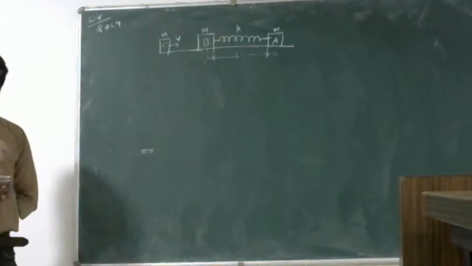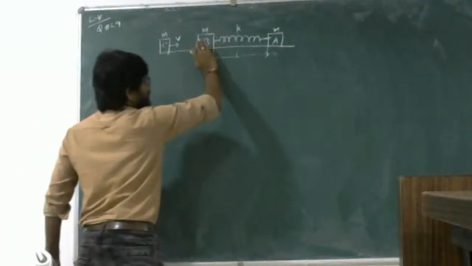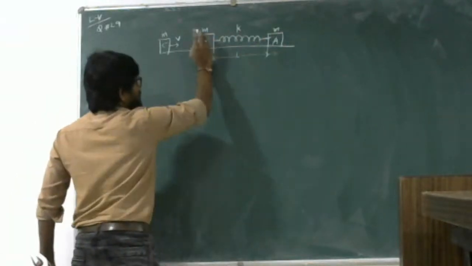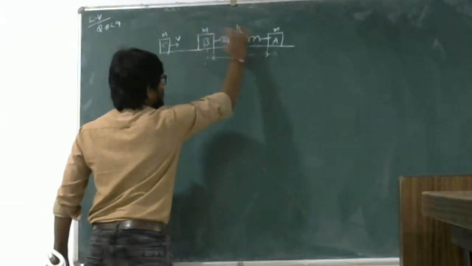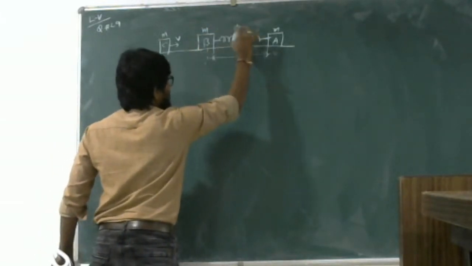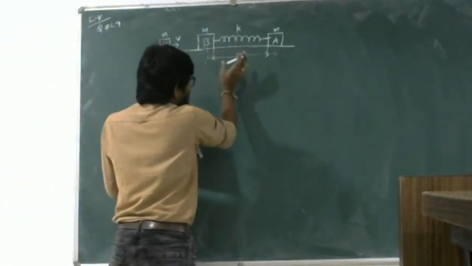In this case, if C collides with B, because initially both are at rest, after collision this block will move forward. As a result the spring compresses. Until a particular state A will not move.